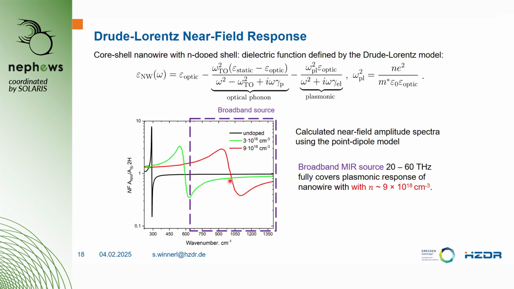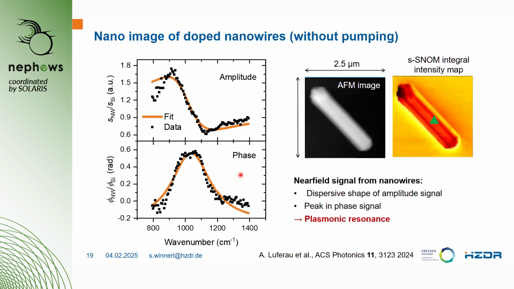The plasma frequency where it's sitting is determined by the carrier concentration, so the doping, and in the denominator there's the effective mass. So these two things. We doped rather highly to have a resonance just in the spectral window where we have the best signal-to-noise ratio.